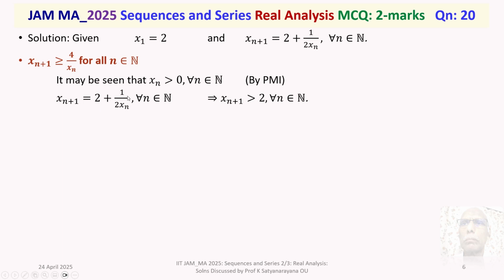So 2 plus some positive, so xn plus 1 is greater than 2 for all n belongs to N.